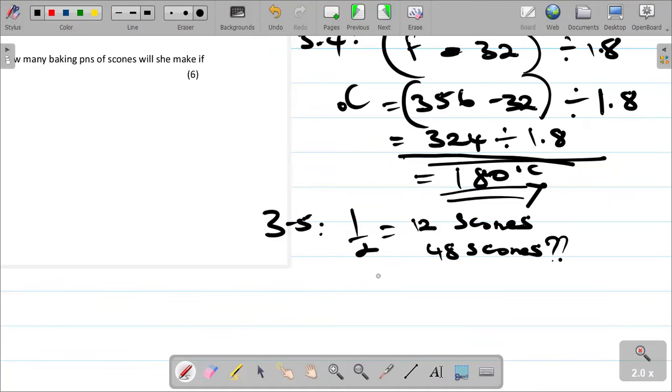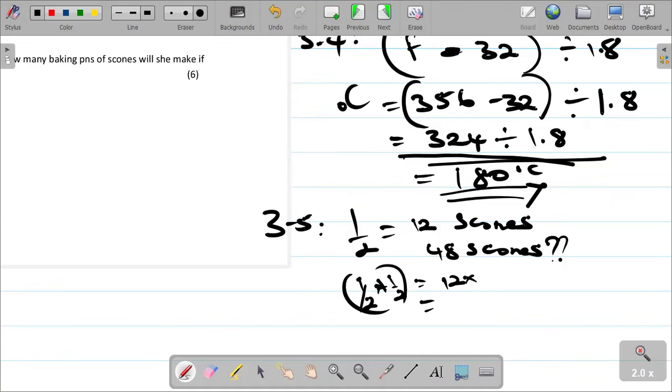We are saying half times half plus half gives us 12. So 12 times, in order for us to get 48, it means we have 4. 12 times 4 is equal to 48.